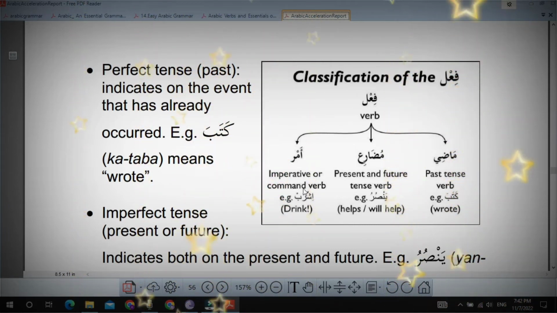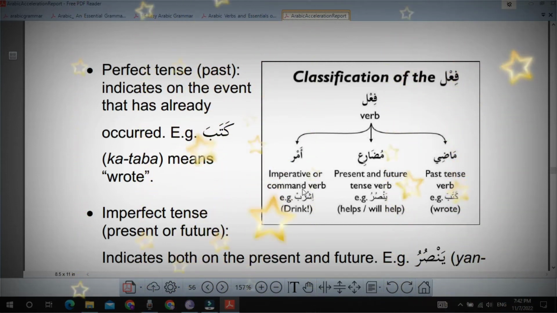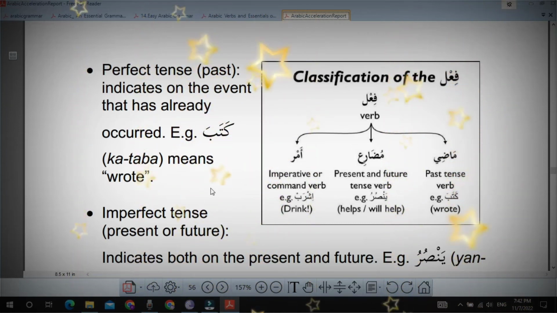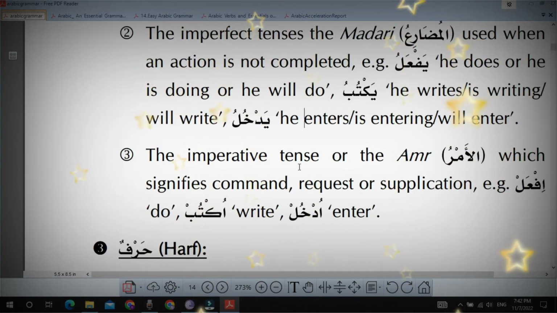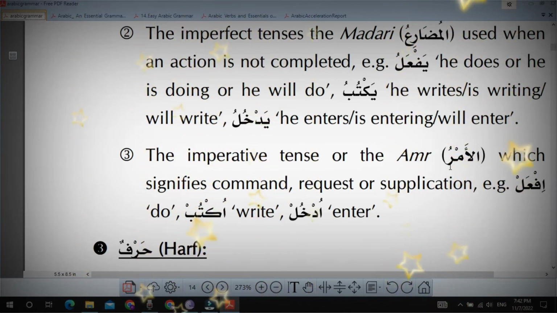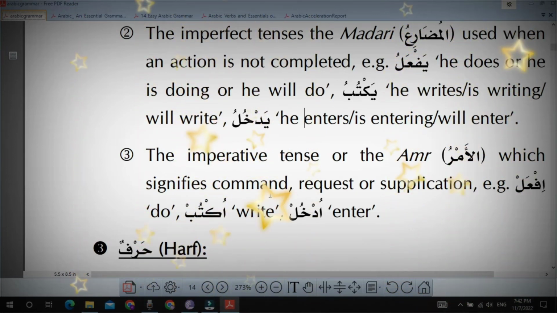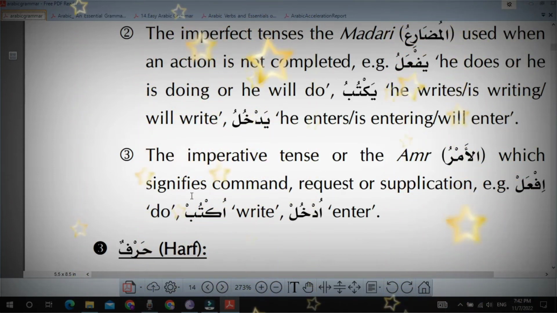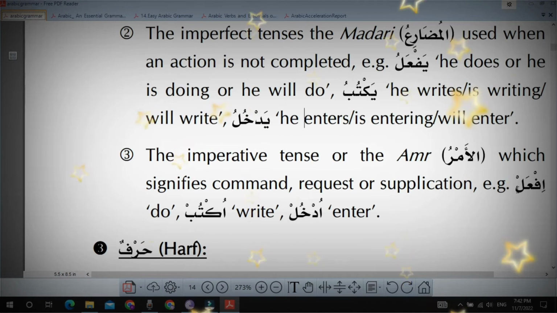The third one is the imperative sentence. You know, if you have learned the English grammar, you know very well the imperative sentence. Yes, commanding verb. In this sentence, we use commanding verb. The imperative tense or the amr, al-amru, which signifies command, request or supplication.